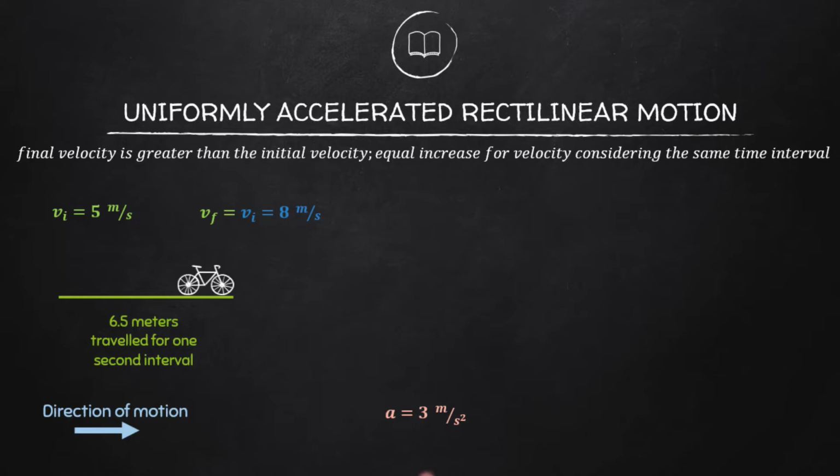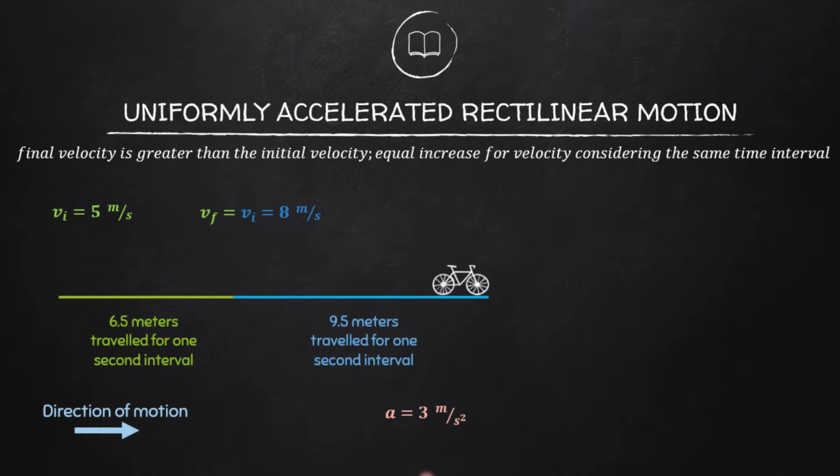Notice that we have added 3 meters from its initial velocity because the initial velocity is 5 and the acceleration is 3. We are adding 3 meters per second every second. So after another second, it has traveled 9.5 meters. And its final velocity by that time is now 11 meters per second.